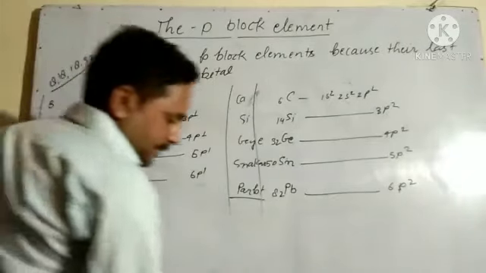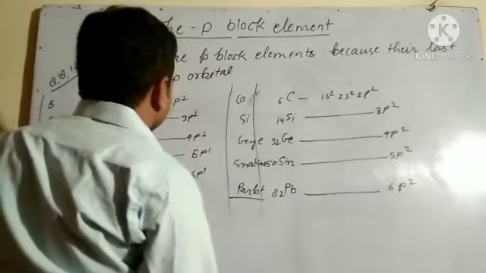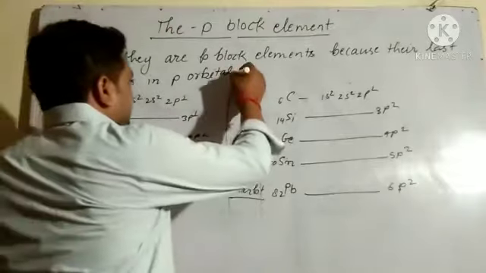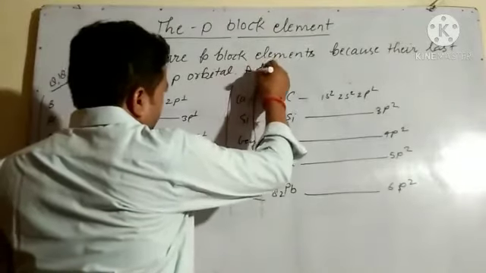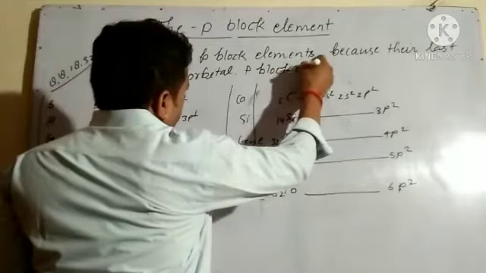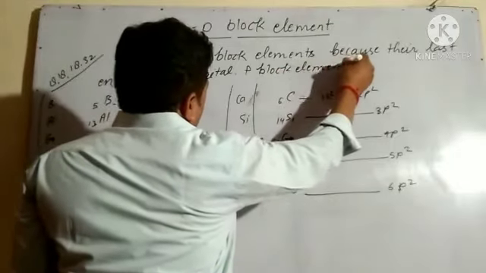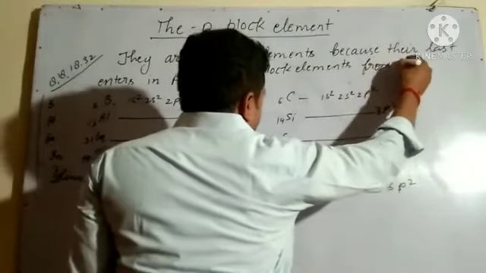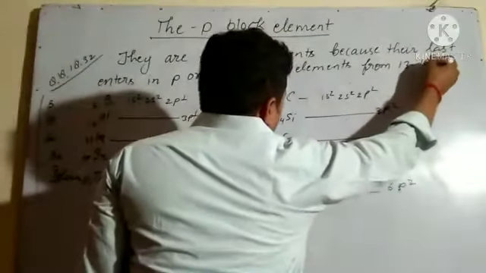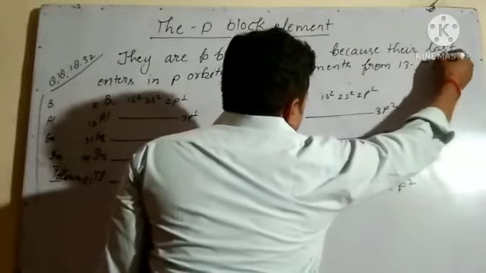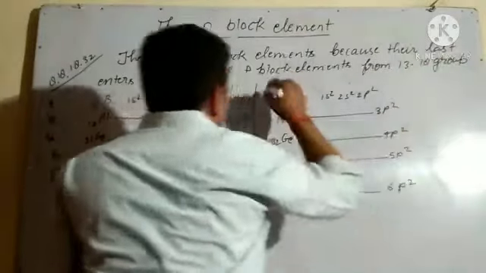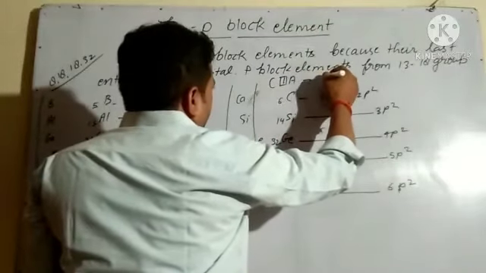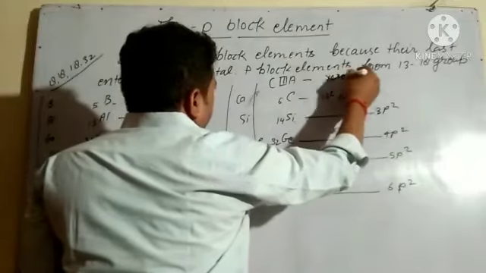One more point we will see here. P block elements are from group 13 to 18, or we can say third A to zero group or 8 group.